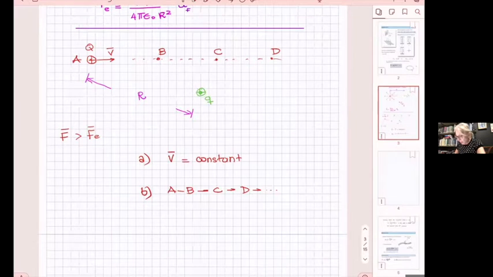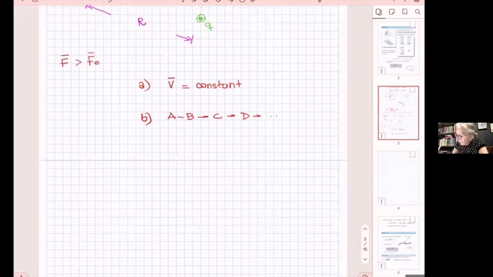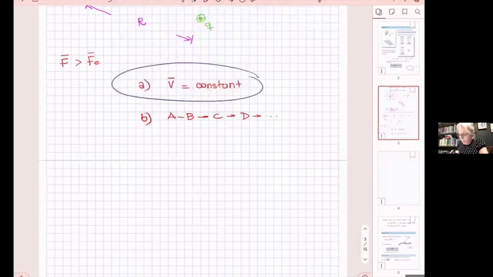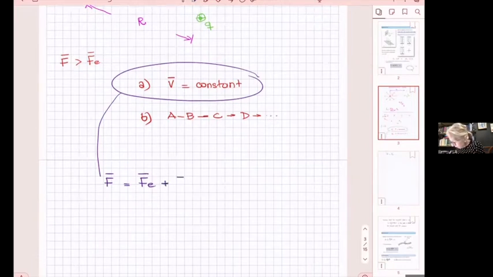So F, in this case, when the charge is moving with a constant velocity, is of course whatever F sub E you would have from the charge as it moves into the different locations. This is what we call instantaneously appearing, plus a new type of force, which we call the magnetic force.